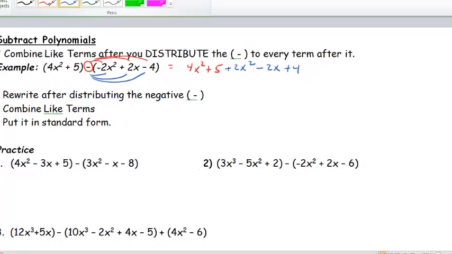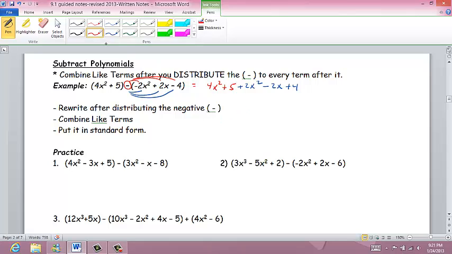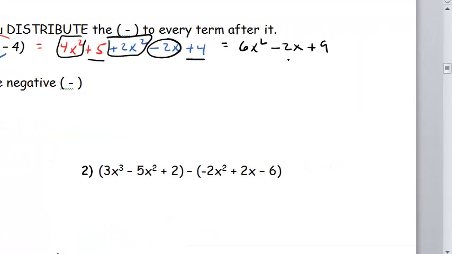Well, once I distribute the negative and I get rid of the parentheses, now I can go ahead and combine like terms. 4x squared plus 2x squared is 6x squared. And negative 2x, nothing to combine with, so minus 2x. 5 plus 4 is 9.